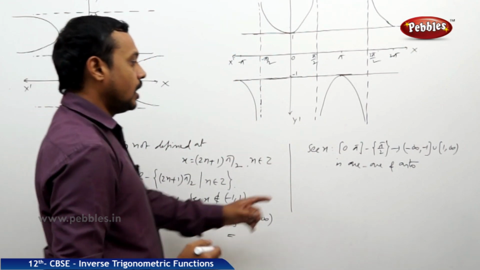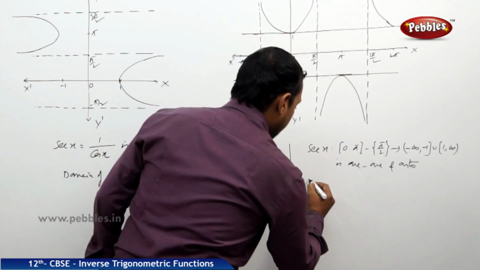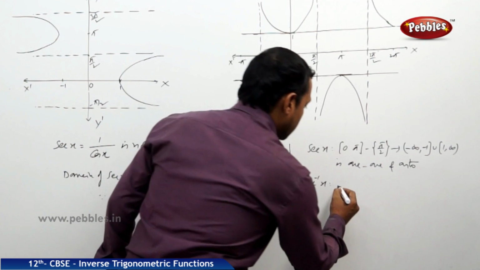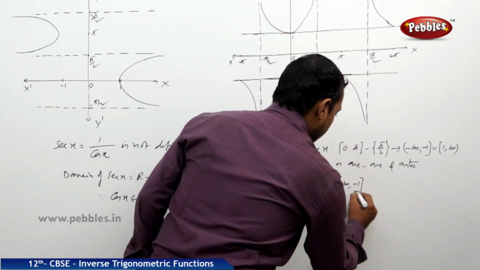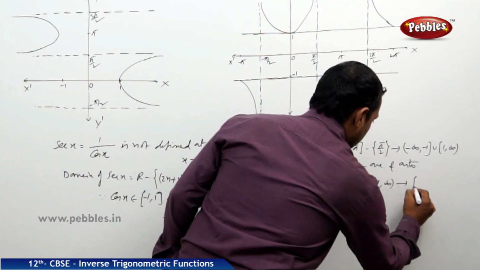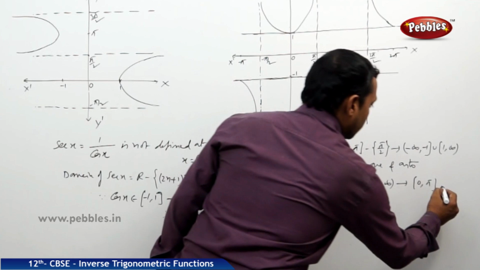Therefore, 1-1 and onto. Hence, the inverse of secant x, or arc secant x, is defined from minus infinity to minus 1 union 1 to infinity, to 0 to pi, excluding pi by 2.